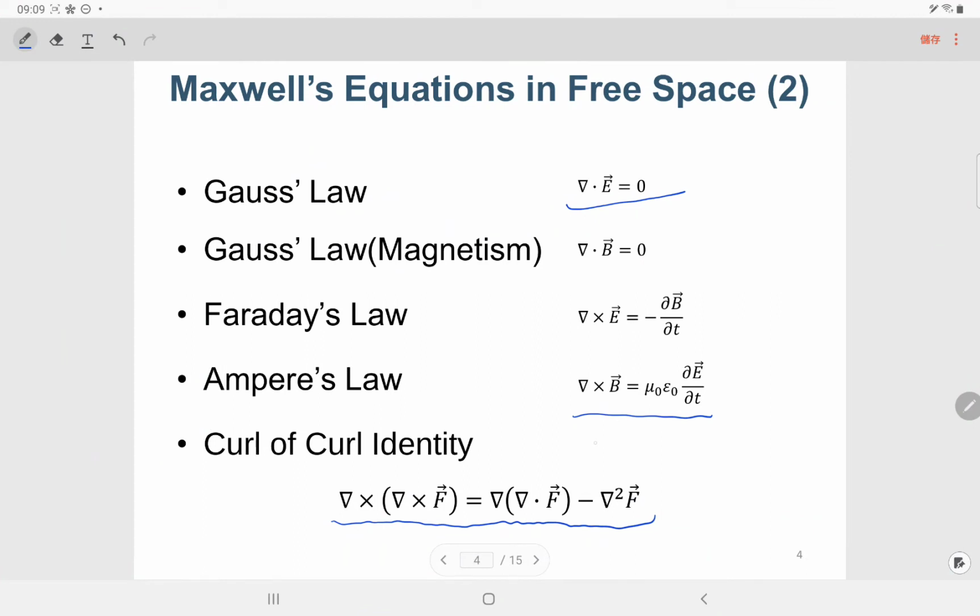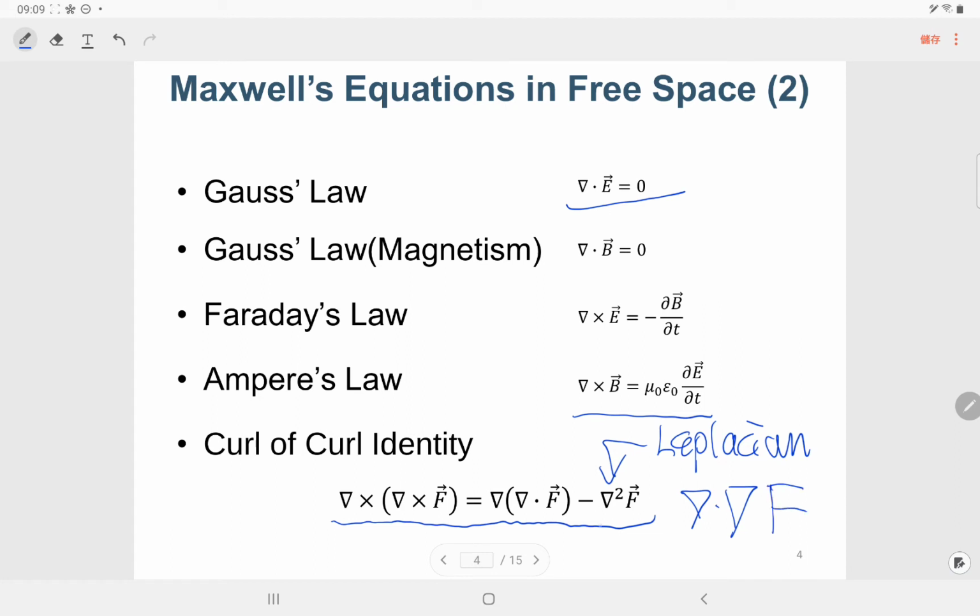This one is called the Laplacian. The Laplacian is the divergence of the gradient of f. So this term is this one.